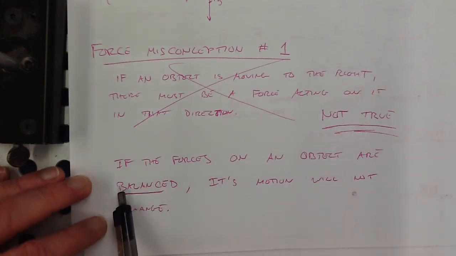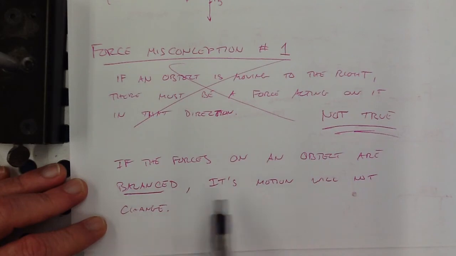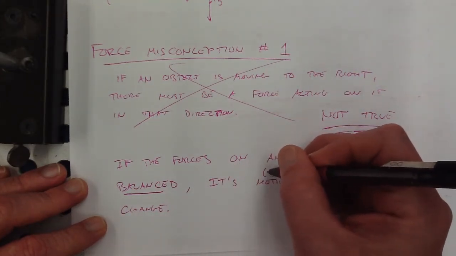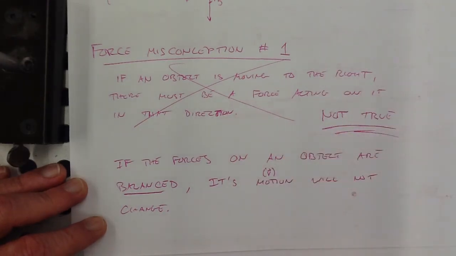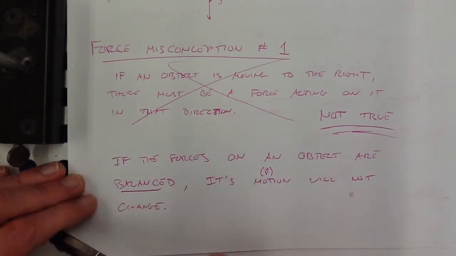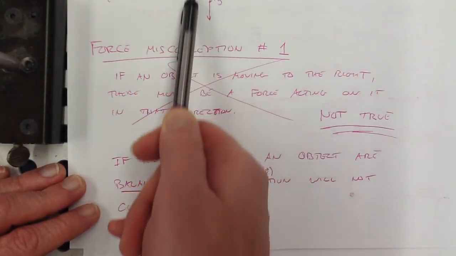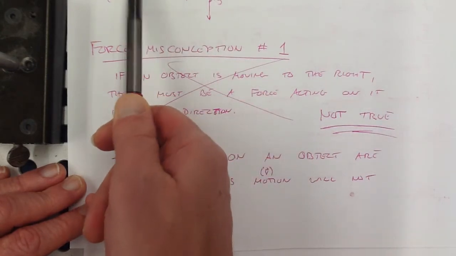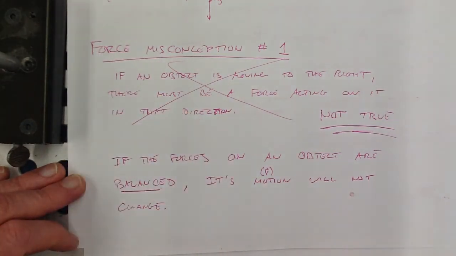And likewise, if the forces are unbalanced, then the motion will change. What do we mean by the motion? When we say its motion will change, really what we're talking about, the way that we quantify the motion of something, that's its velocity, right? Its velocity will not change. So if something's velocity is constant, that means the forces must be balanced. If the forces on something are balanced, that means its velocity must be constant, which could include the possibility that it's constantly zero, right? That it's not moving.